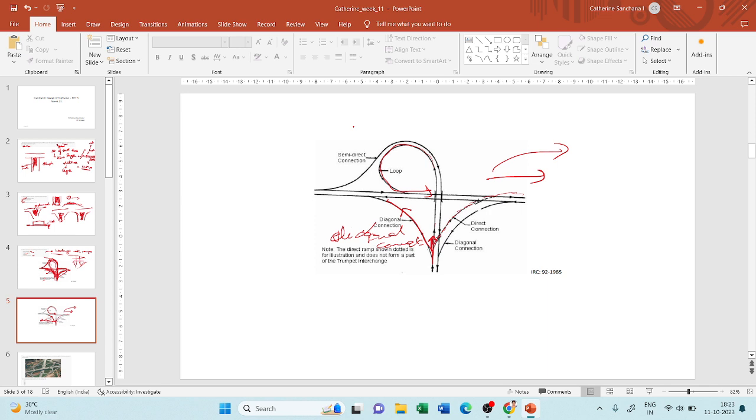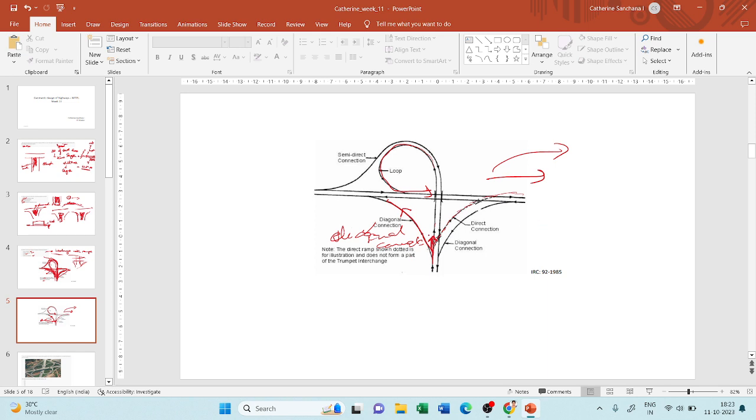Intuitively, you will look for a road on the right which will lead you to a road on the right. That is a direct connection, because I want to go right and I am directly directed towards the right road by just taking a right turn. I want to go right, so I take a right road. That is a direct connection.